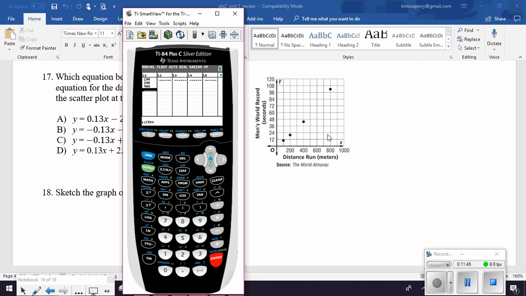And the fifth is over here at 800. Now, for the first one, the one on the 100 line, it's less than 12. So let's say about 10.